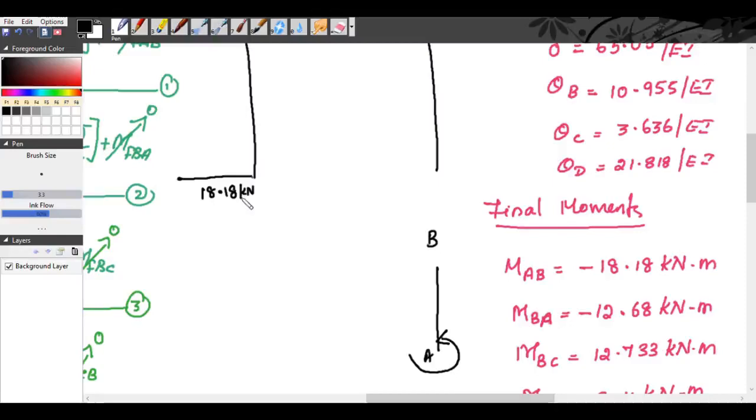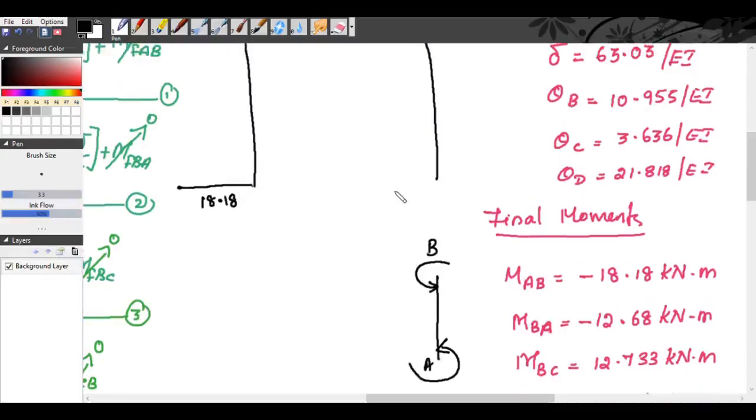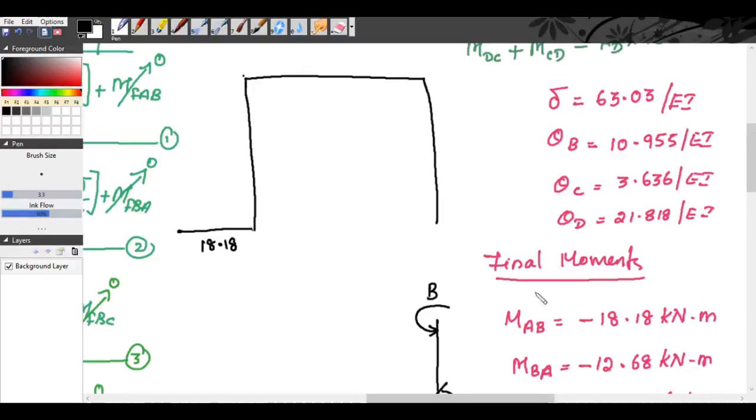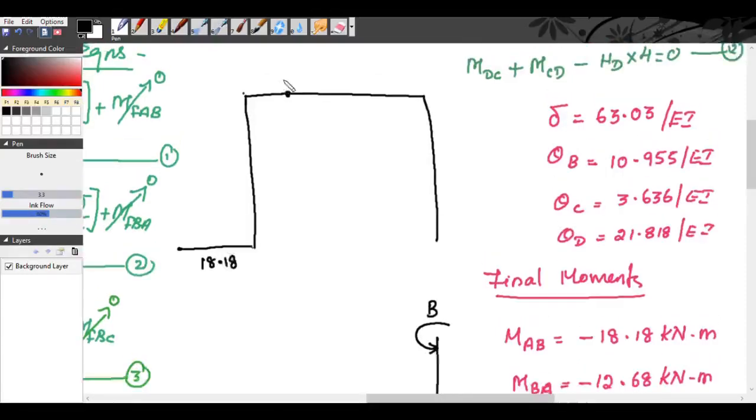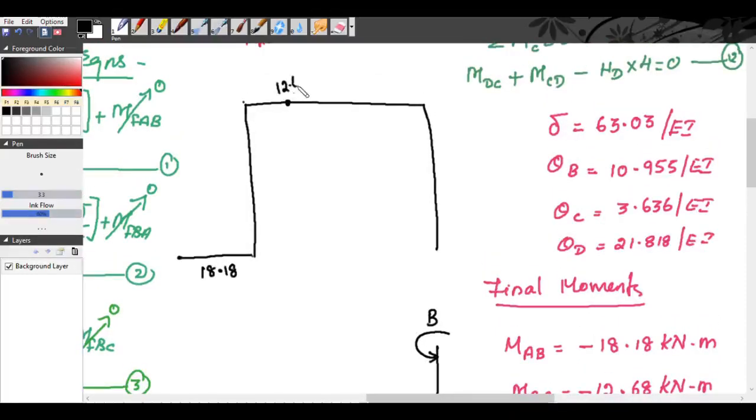So I am not writing kilonewton meter, 18.18. Now BA is also anti-clockwise, minus. So when you take anti-clockwise from outside, it points towards the right. So it is 12.68, right? So this value is 12.68.